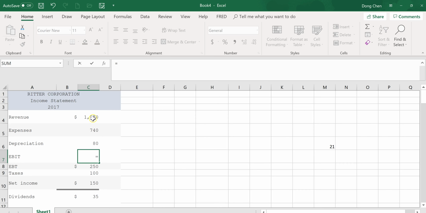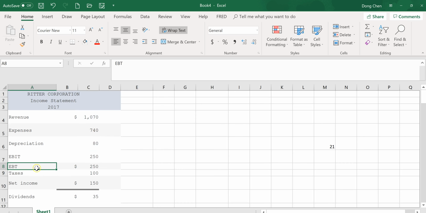So that's revenue minus expenses and minus the depreciation. That's the same as EBT here, which means in this case the firm doesn't have any interest expense, and taxes and net income.